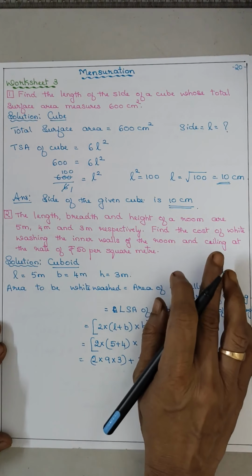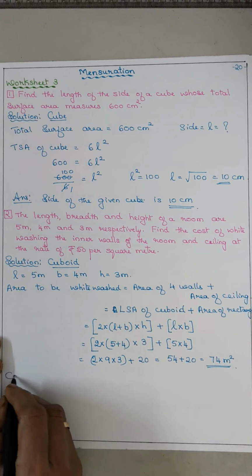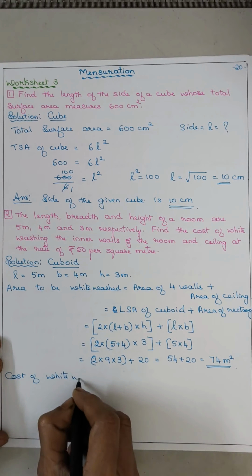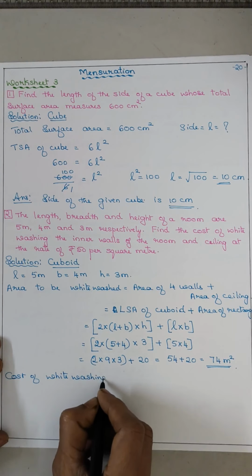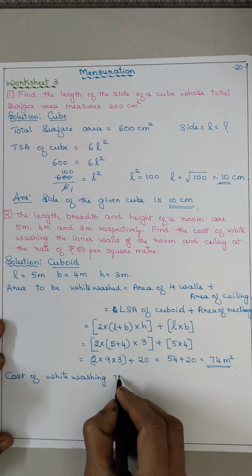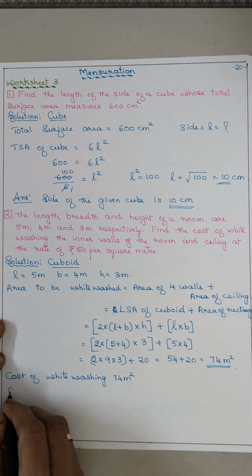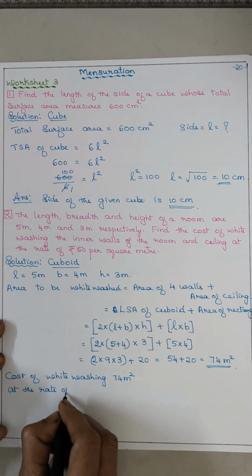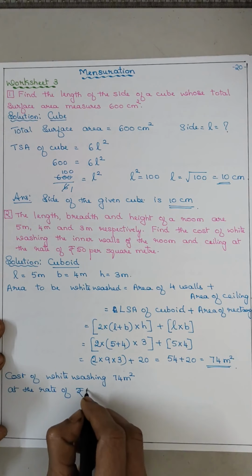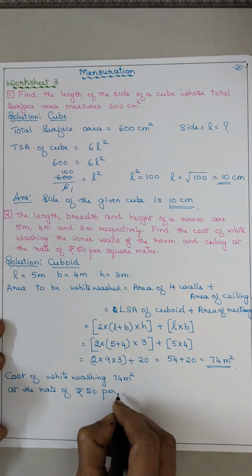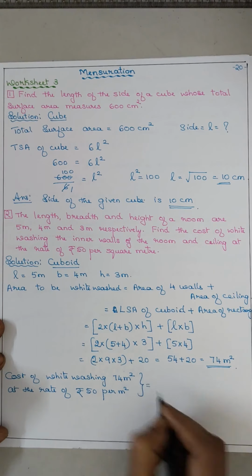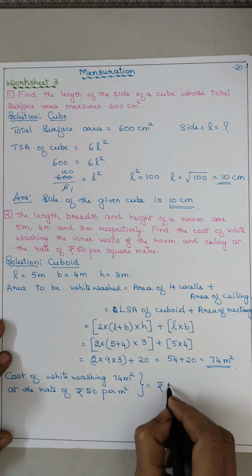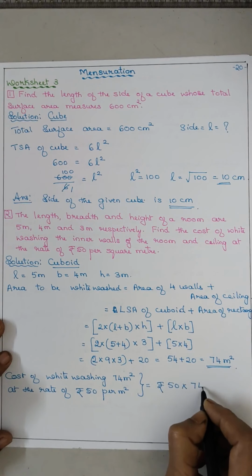But what have they asked? What is the cost? So cost of whitewashing how much? 74 meters square at the rate of what did they say? ₹50 per meter square. For 1 meter square it is 50, so for 74 how much? 50 into 74.